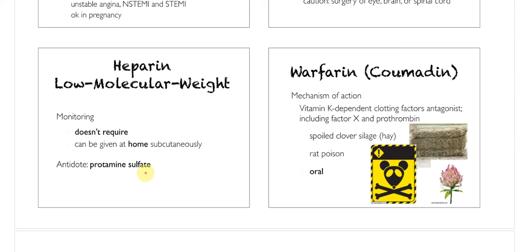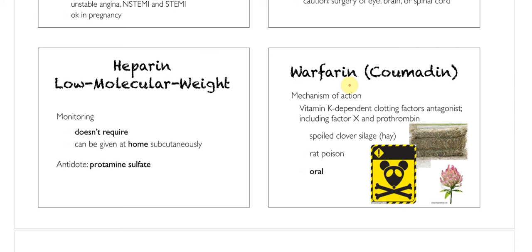Again, the antidote: if someone were to come in from, say, a trauma while taking Lovenox and they're bleeding out more than they would normally, we're inhibiting the coagulation cascade associated with this trauma, then we can give protamine sulfate to reverse the Lovenox and allow them to clot and not bleed out.